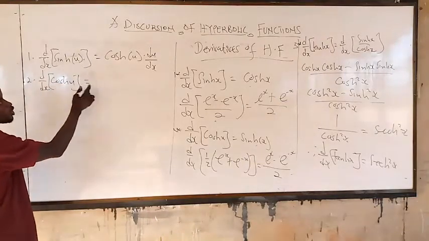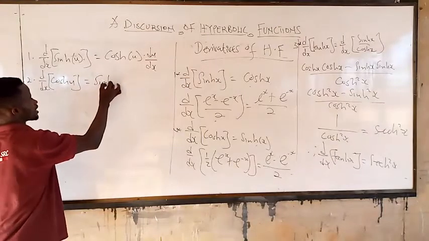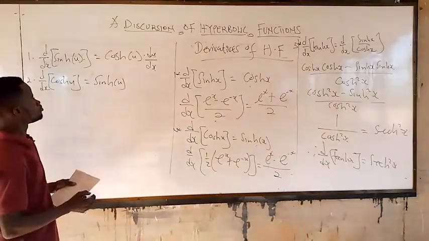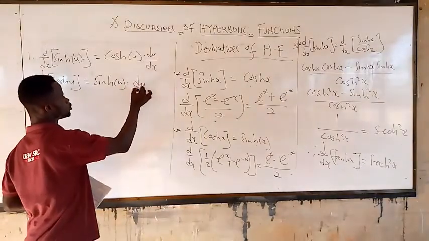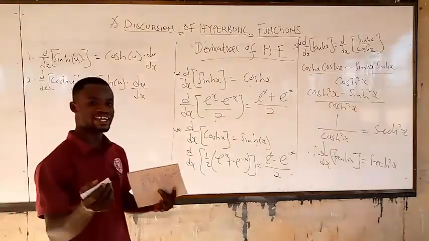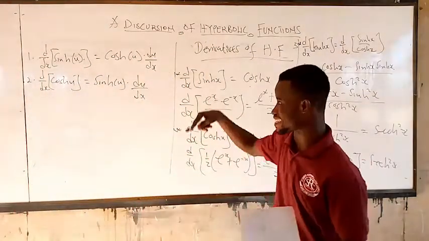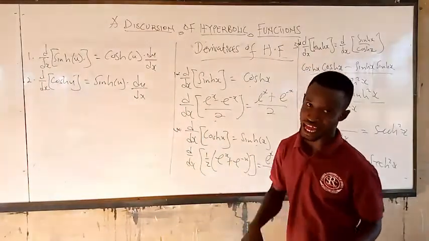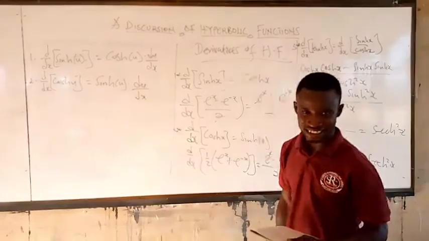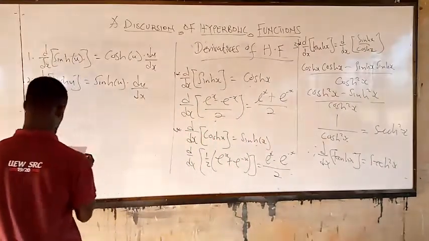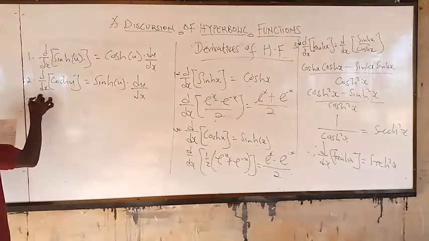You differentiate the whole of this, you get sinh u. Then you take du ds. Don't forget that when you differentiate cos, which is trig identity, you get negative sine. But in hyperbolic identity, you will not get negative. Don't forget that. You will not get negative. So that is that.